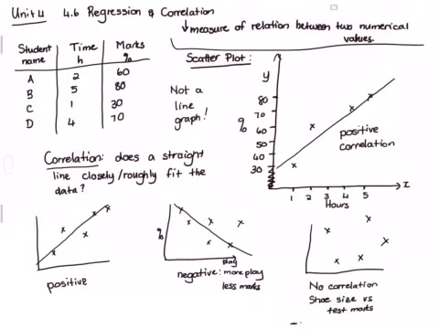You can think your shoe size has absolutely no correspondence to what you will get for your test. So if you did a study like that, you would say there is no correlation. Your points would not at all be even close to a straight line in any direction.